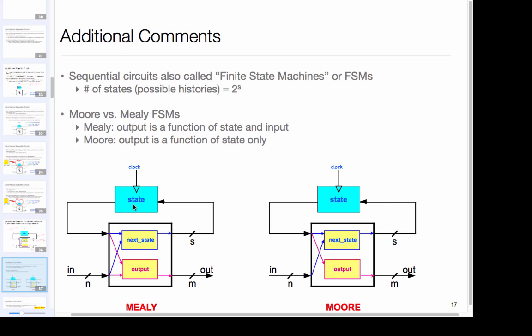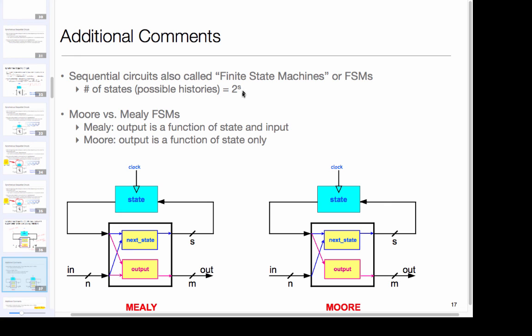How many bits can it remember? If it can remember s bits, then the number of distinct pieces of information it can remember would be 2 to the power s, because each bit has 2 states, and if I have s bits, then 2 to the power s distinct patterns can be stored. So my entire history has to be classified into one of those 2 to the power s possibilities.